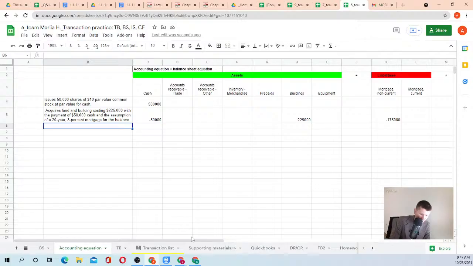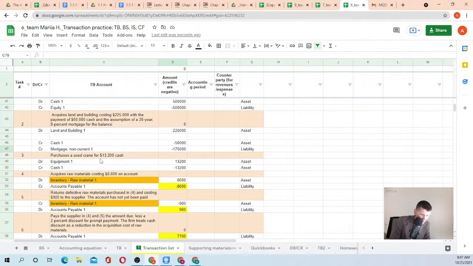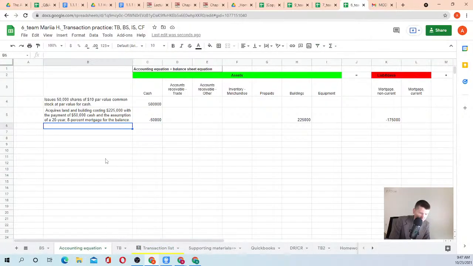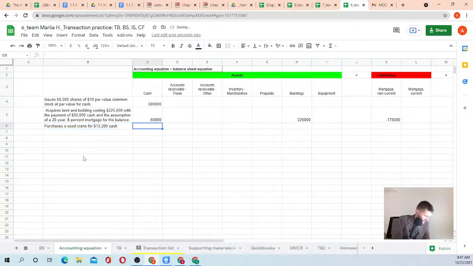Let's see, the third transaction was just within the asset group. So let's get it here. We purchased a used crane, so we paid for it with cash.